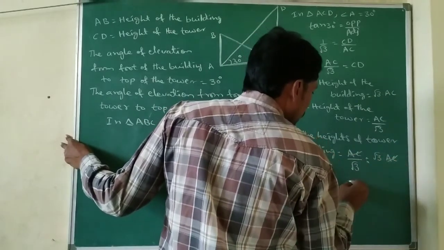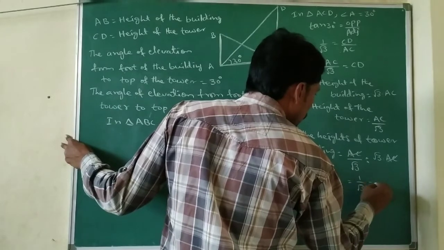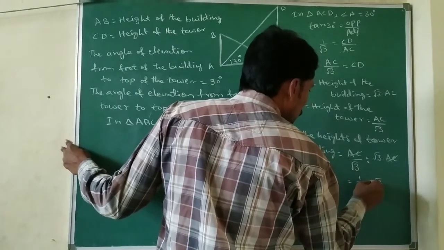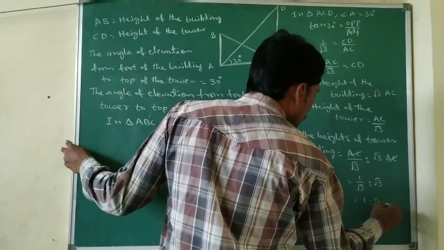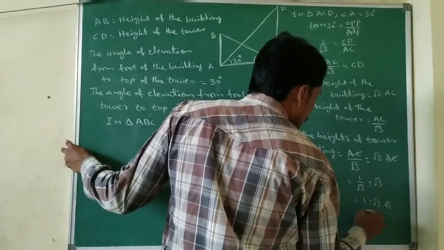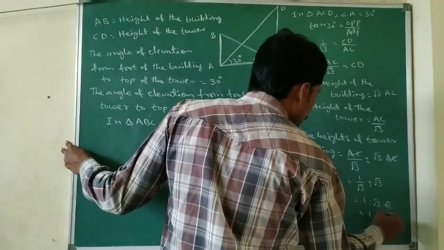AC gets cancelled, so 1 by root 3 is to root 3. So 1 is to root 3 into root 3. Taking cross multiplication, we get 1 is to 3.